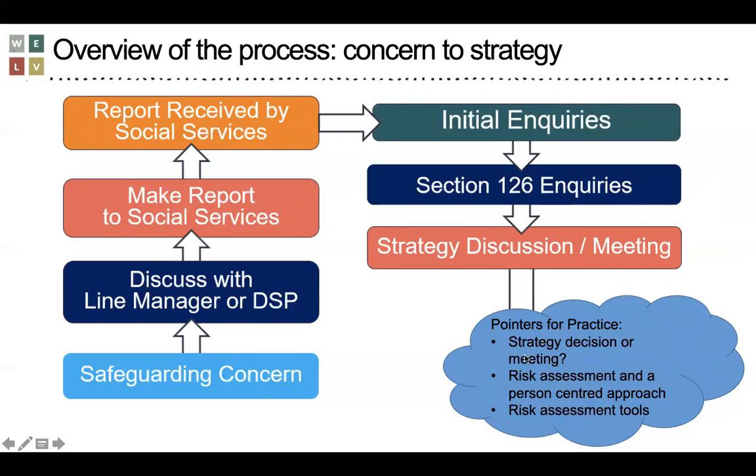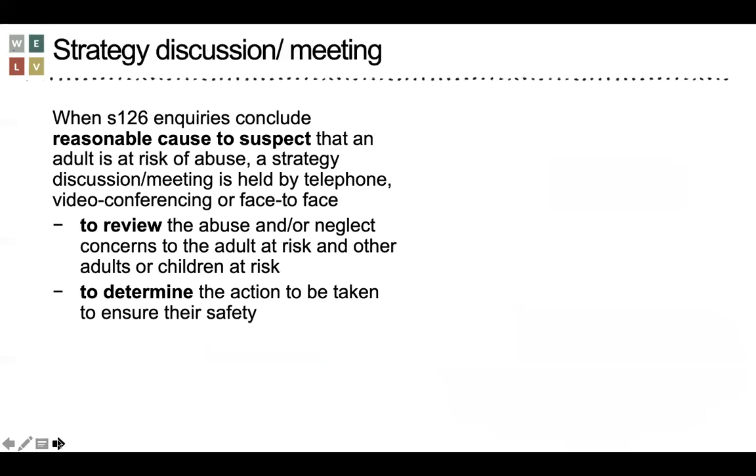Within the procedures, you will see there are a number of pointers for practice that will assist in the key decision making that has to take place during these stages. So when the section 126 inquiry concludes that there is reasonable cause to suspect that an adult is at risk, a strategy discussion or meeting needs to be held either by telephone, video conference or face-to-face.